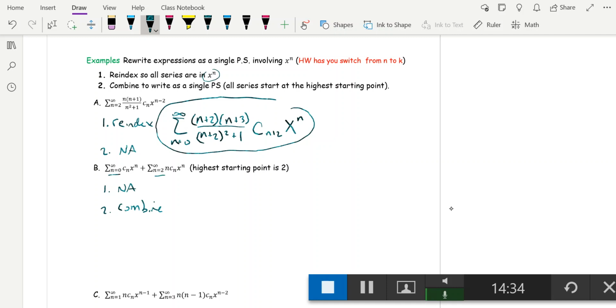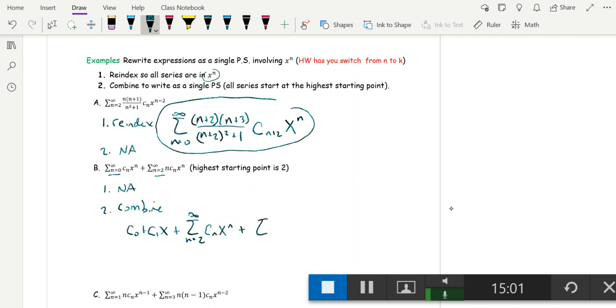I need to start them both at 2 because the higher value of 0 and 2 is 2. So that means I need to write this one as, we need to pull off the first 2 terms by hand. So that gives me C naught plus C1x plus sum n equals 2 to infinity of Cn x to the n.